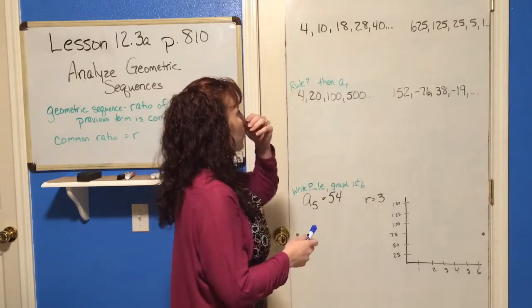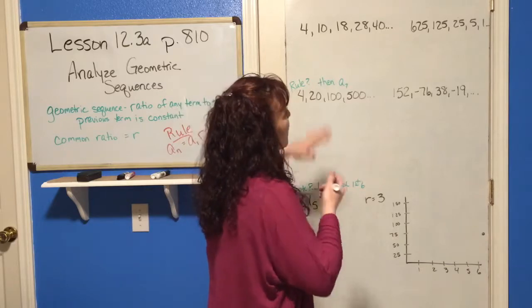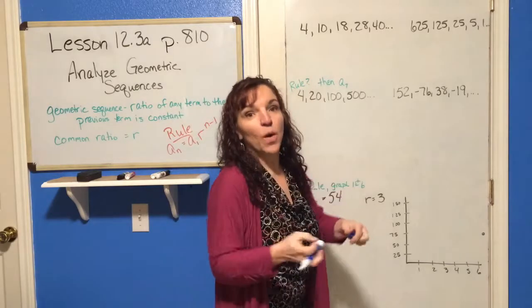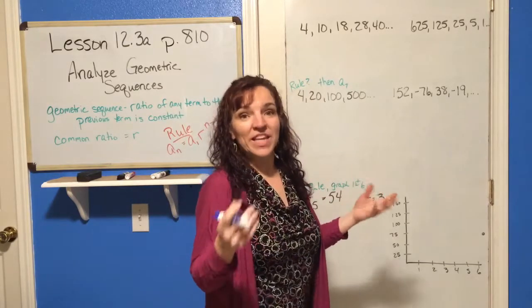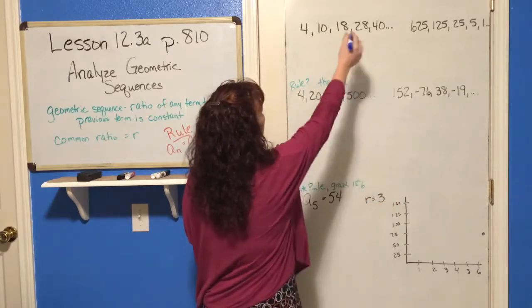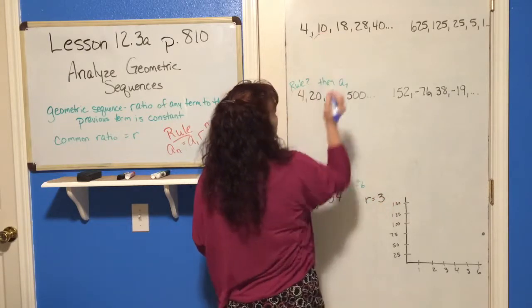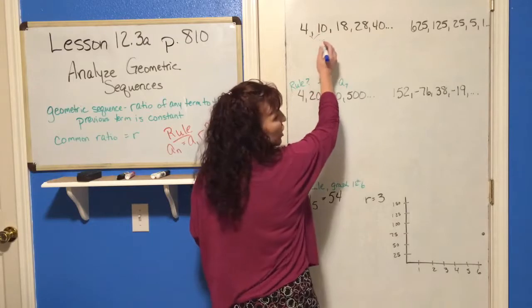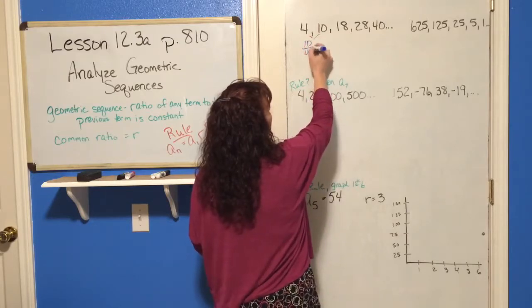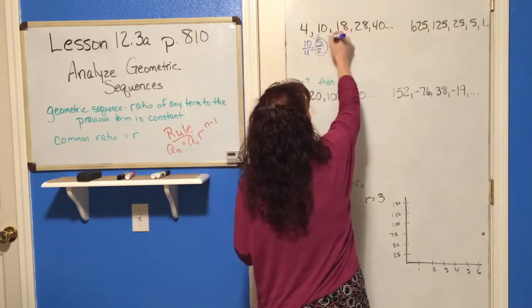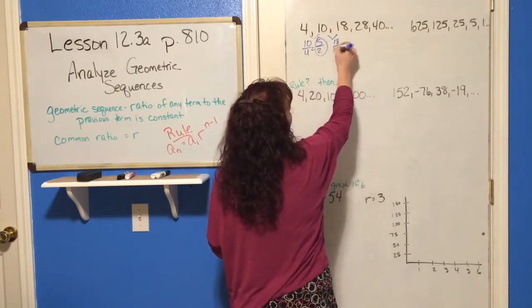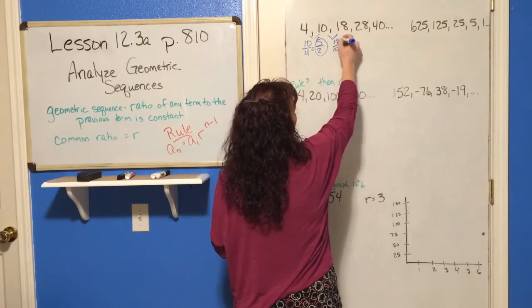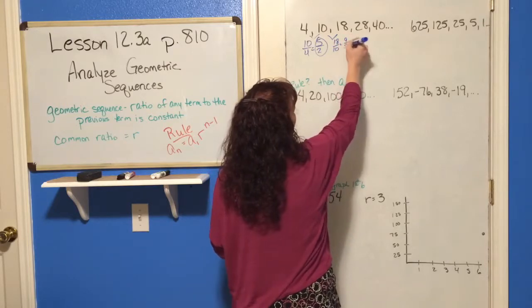So the first thing you're going to need to do is determine, is this a geometric sequence? And the way you'll do that is to determine, is there a common ratio? So you'll look to see the common ratio between the first two would be your 10 over 4, and reduce that down to 5 over 2. And then 18 to 10, and half of that is 9 over 5.